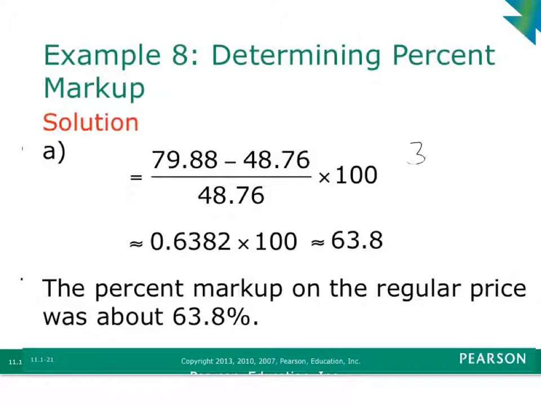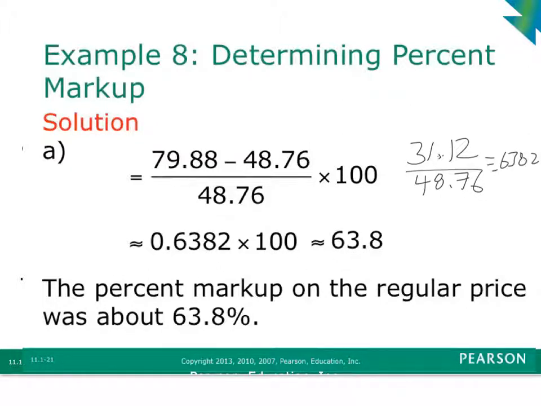It would be 31.12 over 48.76, and that's how we get that 0.6382. So we get 0.6382 times 100, which is 63.8%.